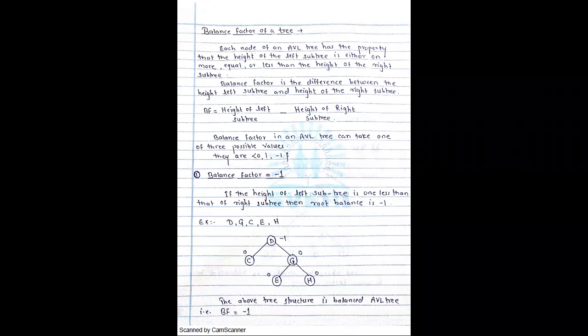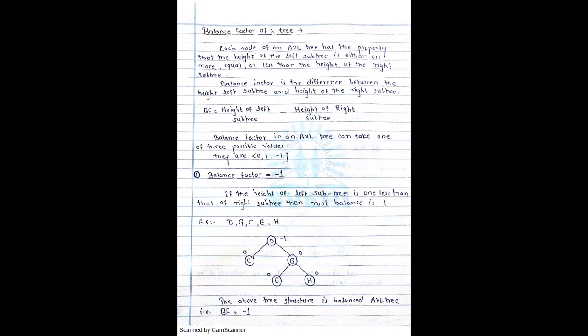The balance factor in the AVL tree can take 3 possible values. So which ones? The balance factor value is either 0, 1 or -1. Out of these 3, if any value is there for the BF, you can say this tree is a balanced tree. What do we call a balanced tree?